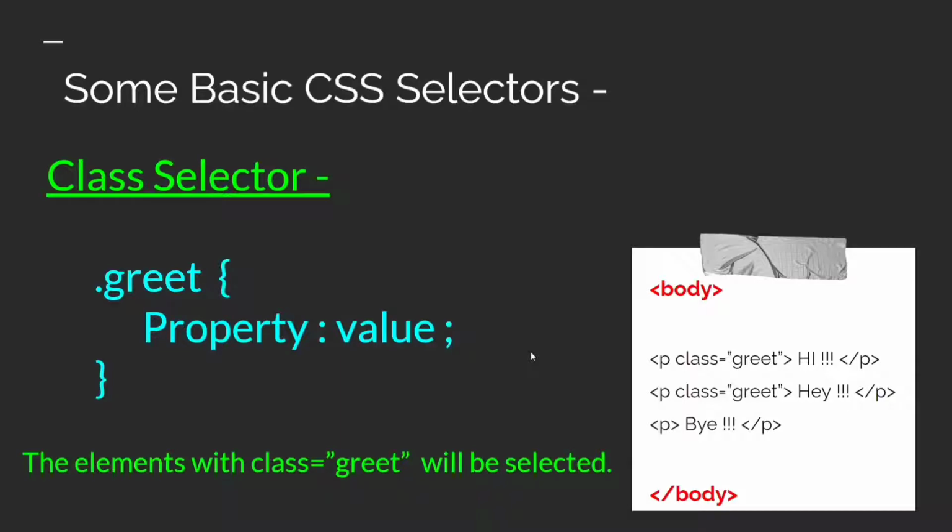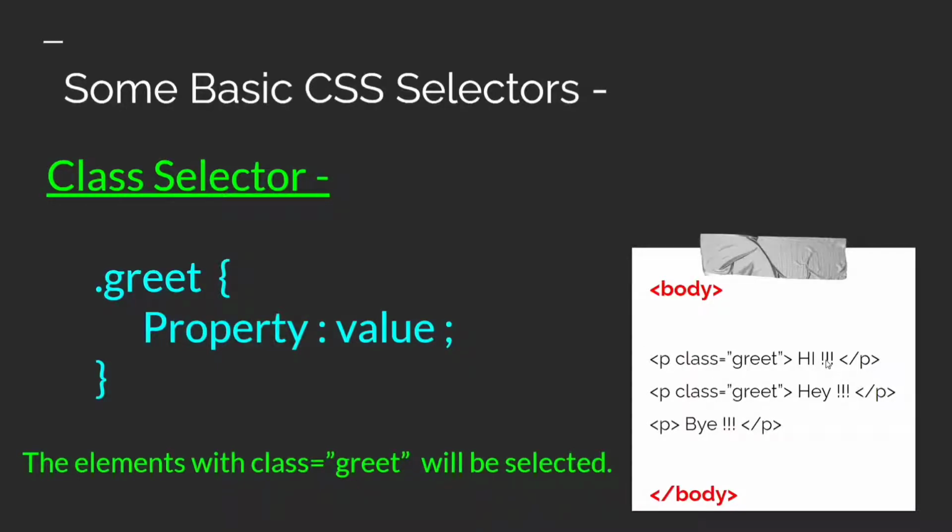If you want to apply the same style to different elements, we'll provide those elements the same class, and after that we'll write the styles only once, and that will be applied to both types. For example, here, the style that we provide will affect both the elements having class greet.